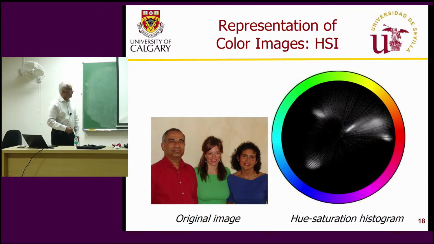If you want only the color information, the chrominance component, take the luminance away, then in the HSI system you want just hue and saturation. So there are only 2 variables for color. Now you can plot the histogram within this ring, going from red and so on, I mentioned earlier. So my red shirt is there with high saturation.